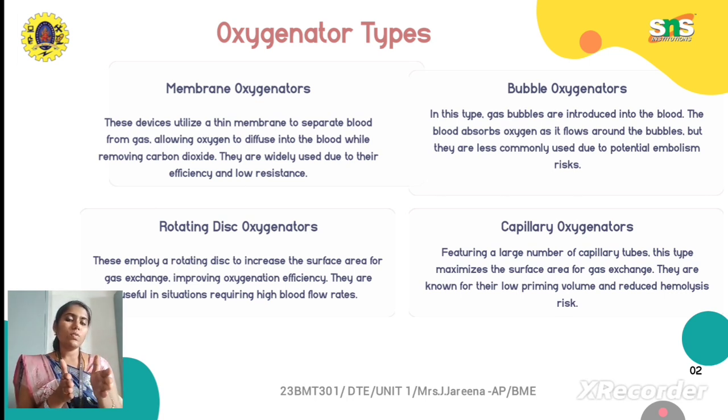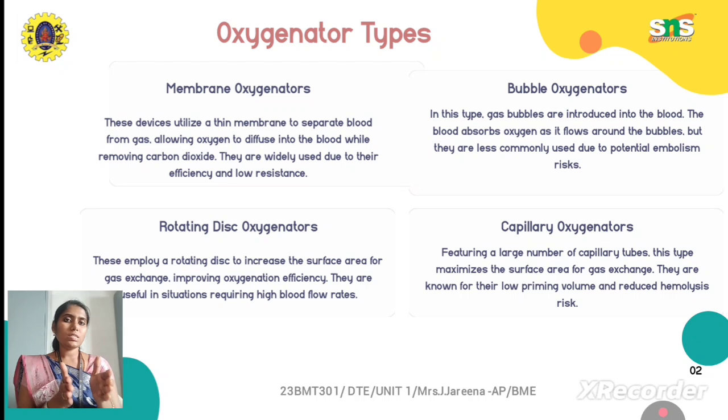The oxygen gets diffused from the gas flow into the blood through the semi-permeable membrane, that is a thin film membrane. Through this, the oxygenation process is carried out. The main purpose of the oxygenator is this gas exchange mechanism.